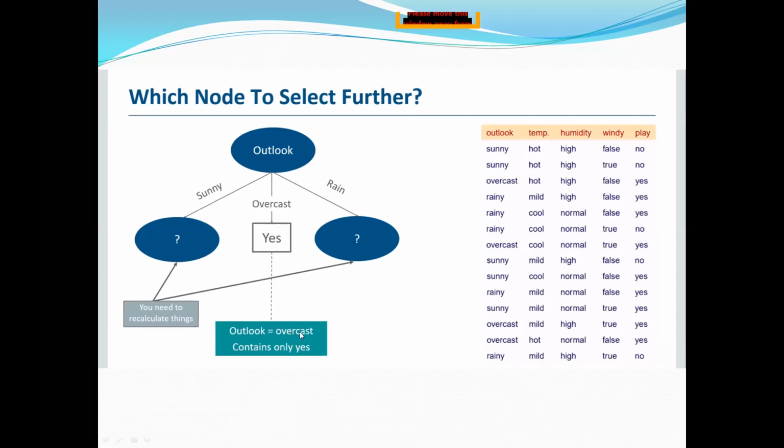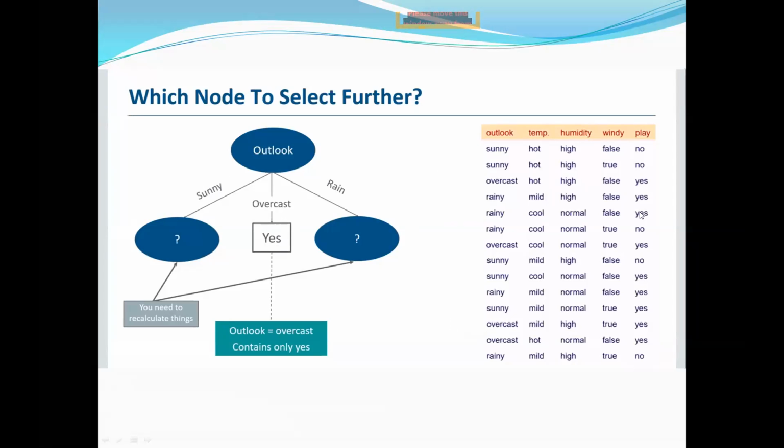Further splitting is not possible, because all the data comes under one class. If you measure the entropy here, obviously it is zero, because it is pure data. We can't split this data again, so we stop here, and this is going to act as my leaf node. Next, we investigate here. If it is sunny, we have 3 yes and 2 no. It's non-homogeneous data.